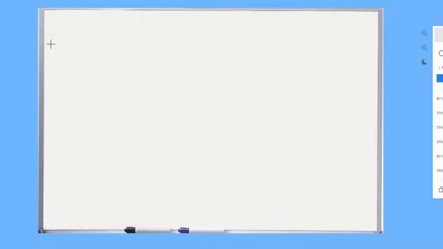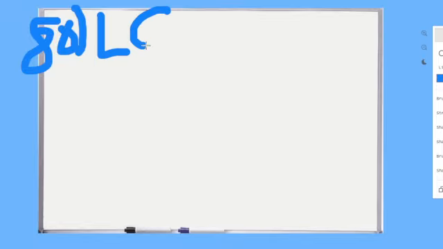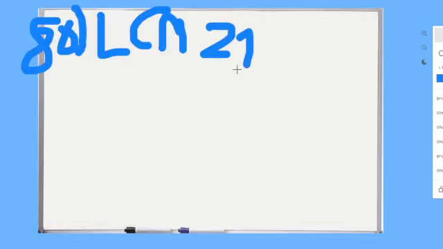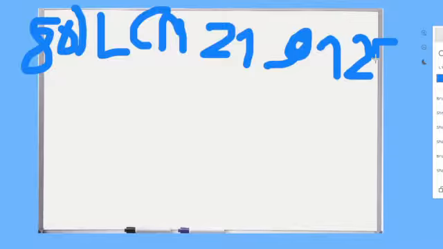And now we're going to go on to our final question, which is question 80. We're going to do the LCM, or lowest common multiple, of two numbers, 21 and 125.